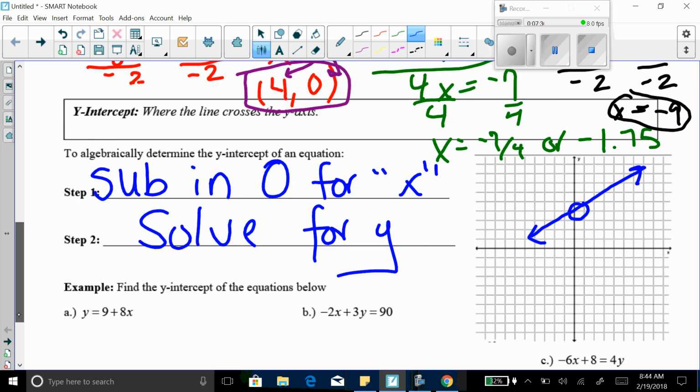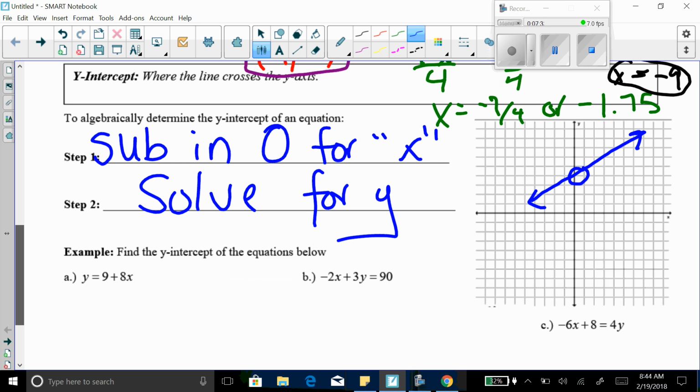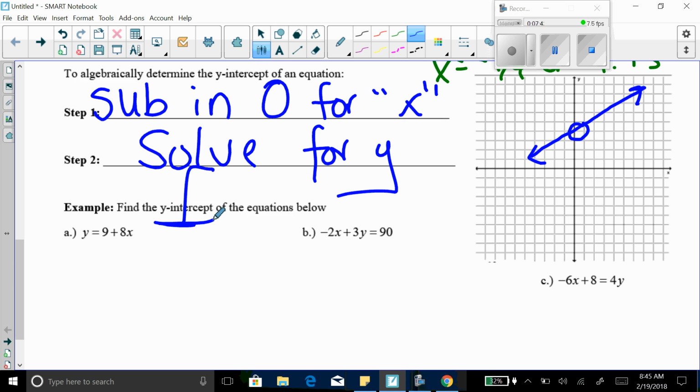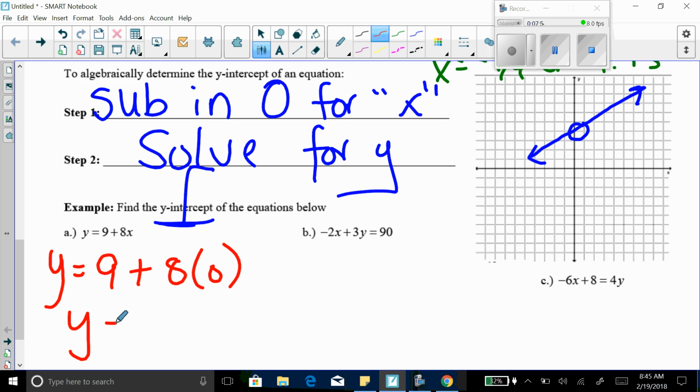So this is just like what we did before. Find the y-intercept for the equations below. So if I want to find the y-intercept, I'm getting rid of the x. So here I have y equals 9 plus 8 times 0. Well, y equals 9 plus 0.